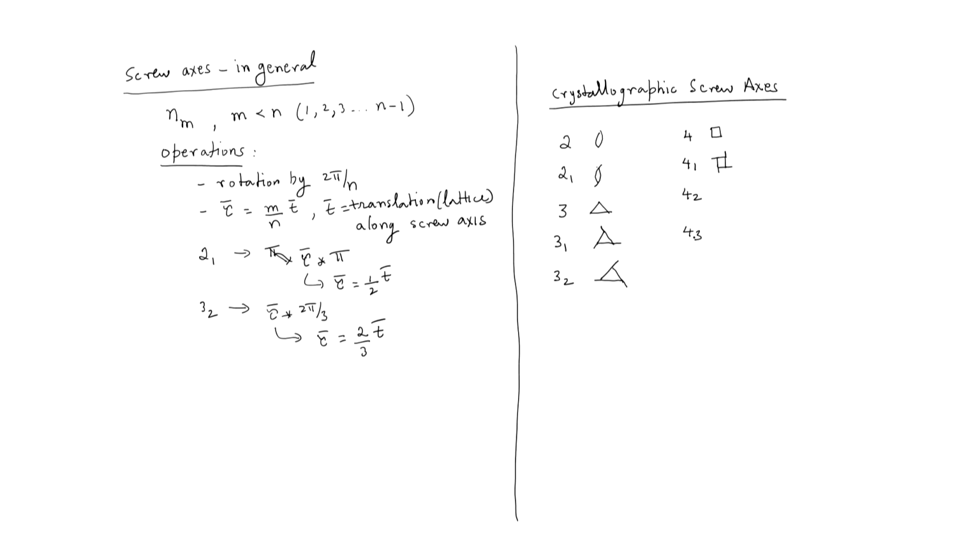Let me first draw 4 sub 3. What is the graphical symbol for that? The fins will be extended in the opposite direction as opposed to 4 sub 1. So, we have a symbol like this.